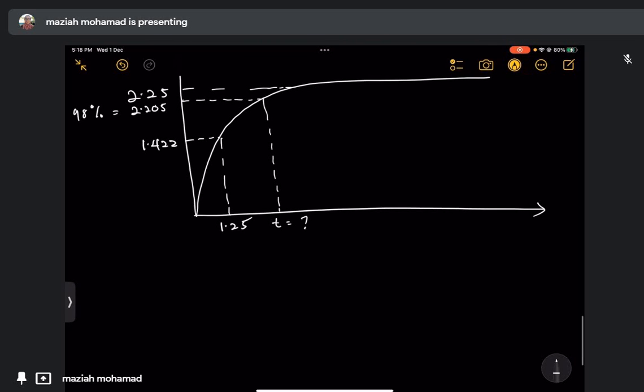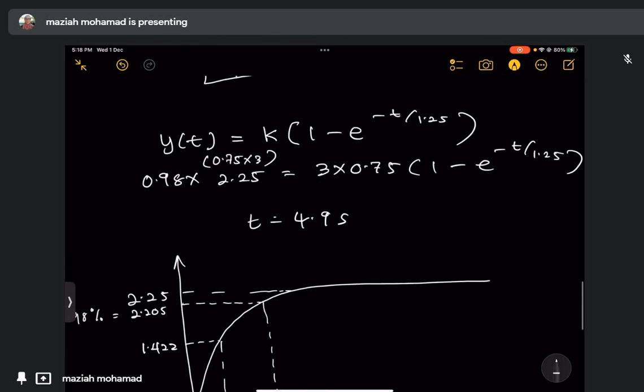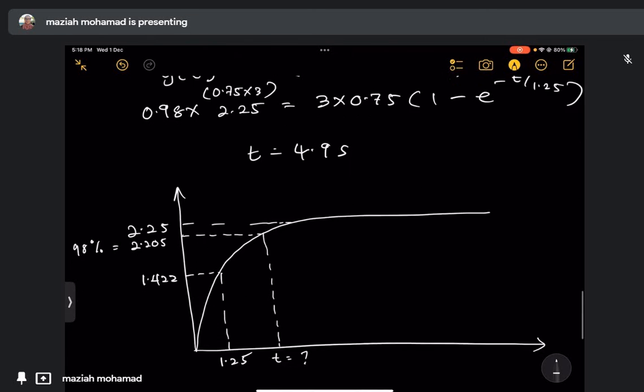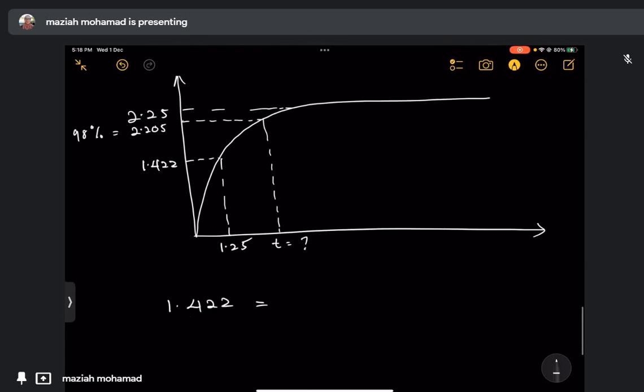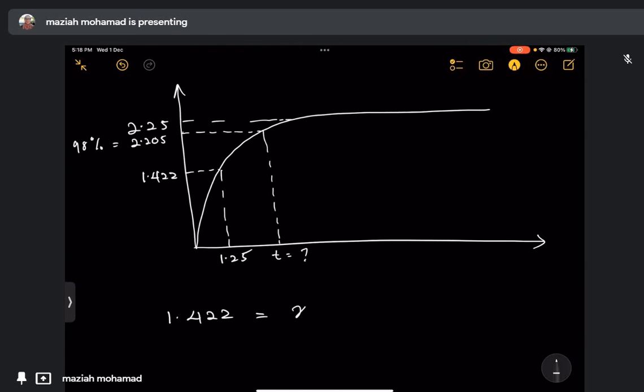Okay. So let's try with this one. 1.422 will equal to something, okay, multiply with 1 minus exponent negative 1, time, because here t is equal to time constant, so meaning t over t.